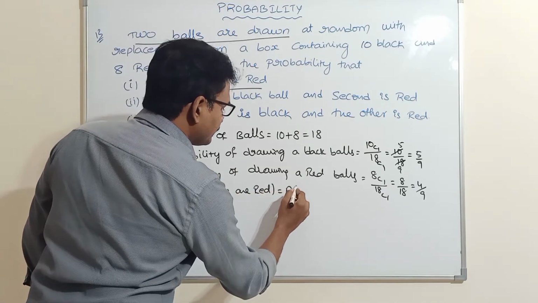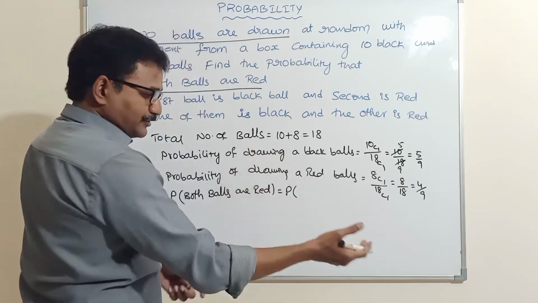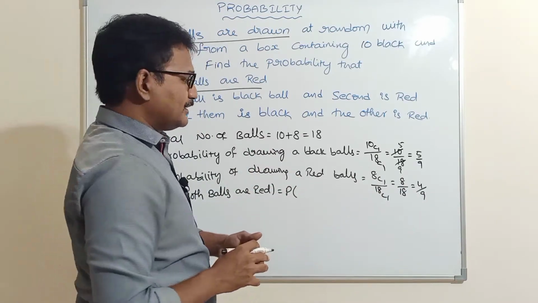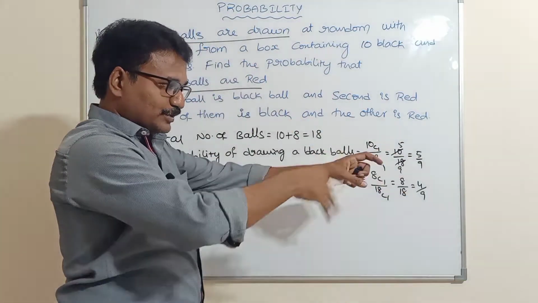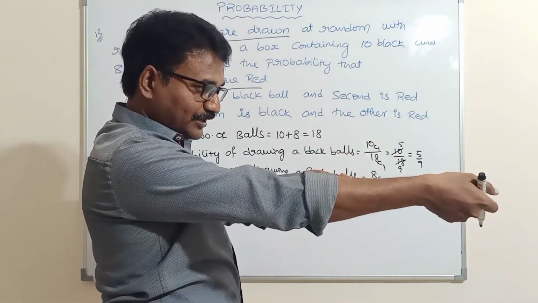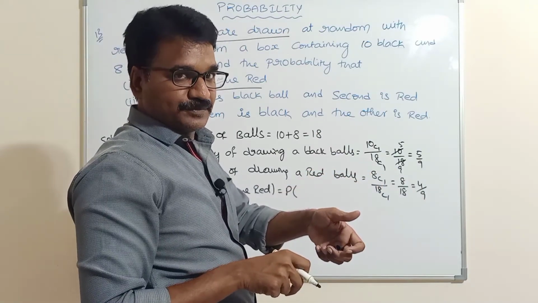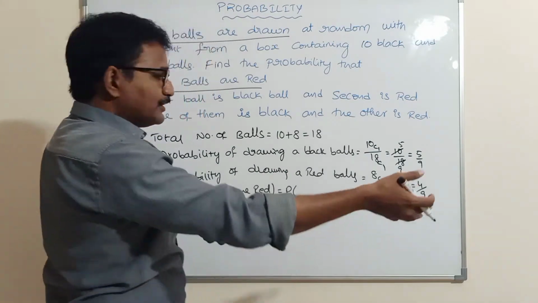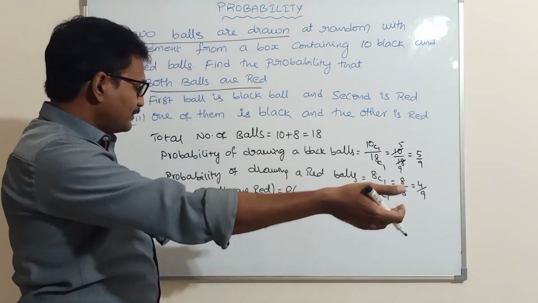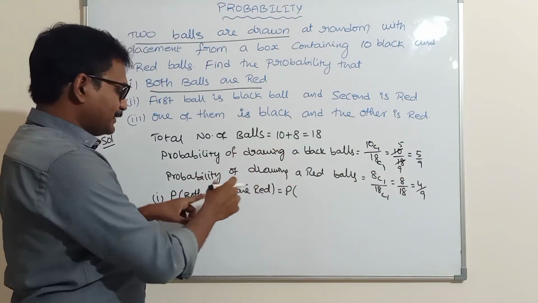So you are drawing the first ball and replacing it, and again drawing a ball. Two times, what is the probability of getting red balls?